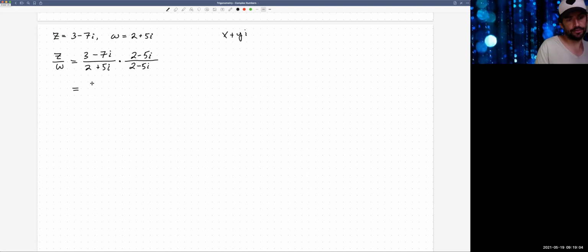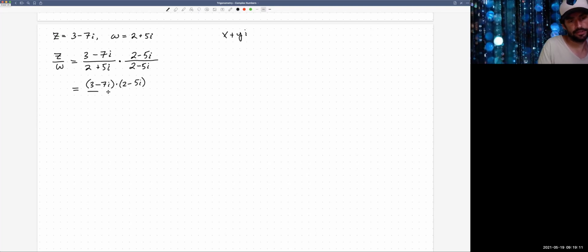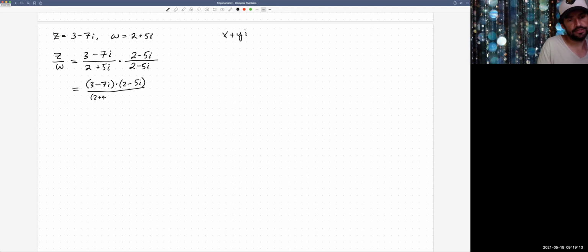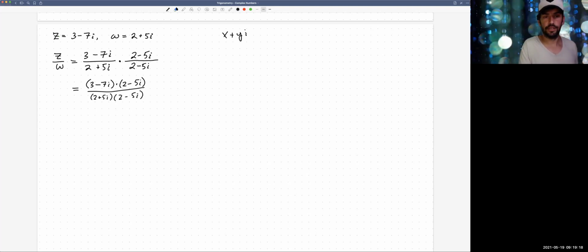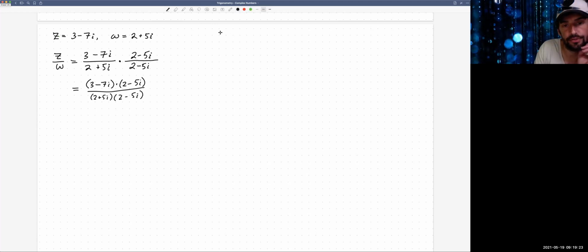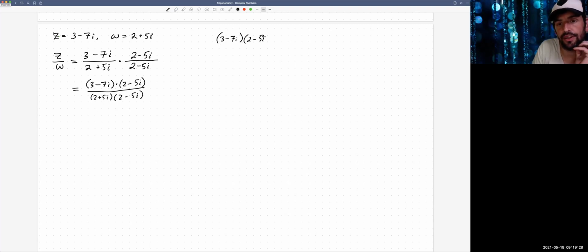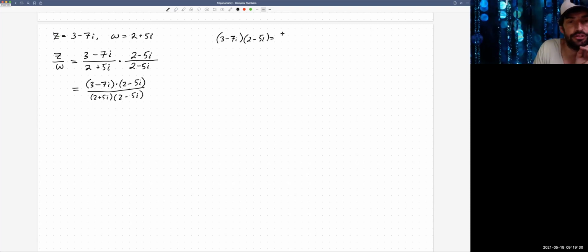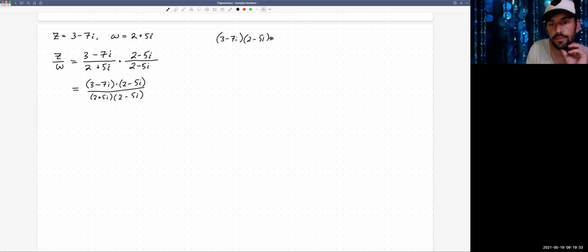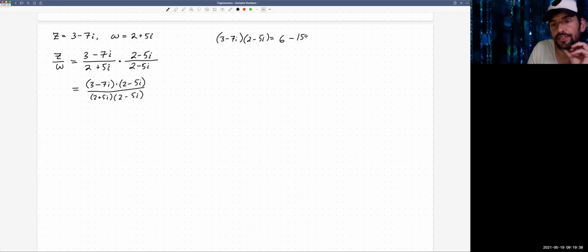Let's use our multiplication of fractions. We'll get 3 minus 7i times 2 minus 5i over 2 plus 5i times 2 minus 5i. I'm going to do the numerator and the denominator separately, off to the side. So 3 minus 7i times 2 minus 5i. I'm going to get 3 times 2 will be 6. 3 times negative 5i is minus 15i.